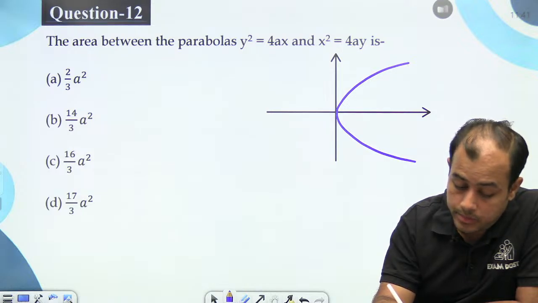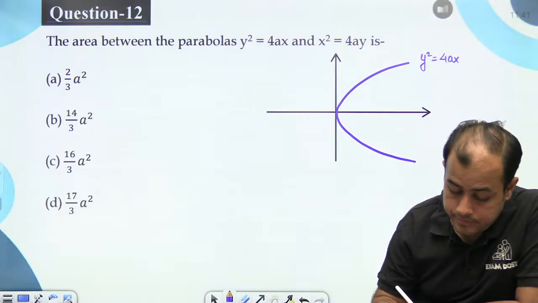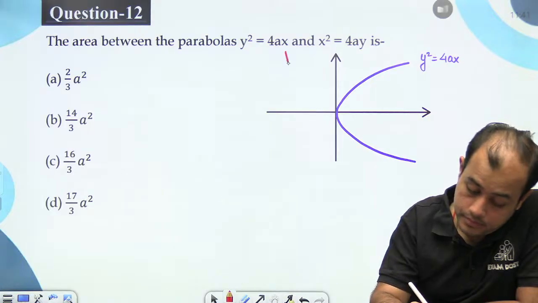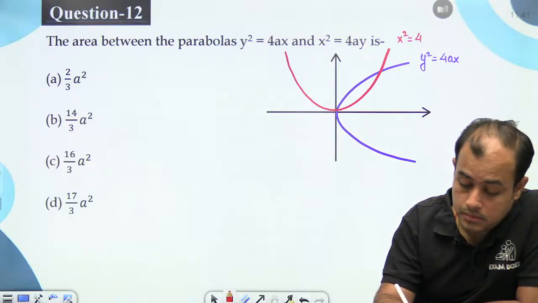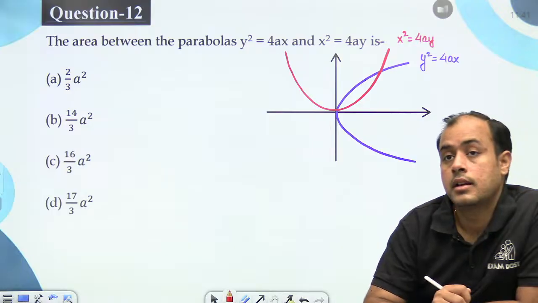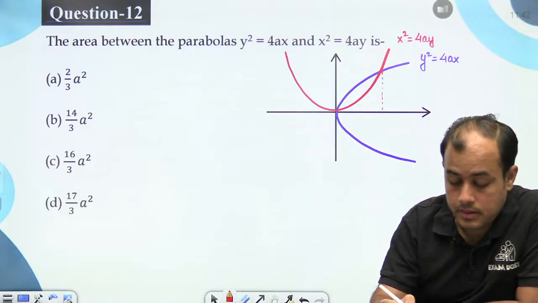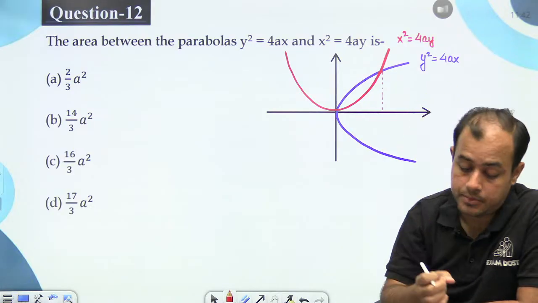So now this will be y square equal to 4ax, x square equal to 4ay. Now, first of all, we have to find the intersecting points.